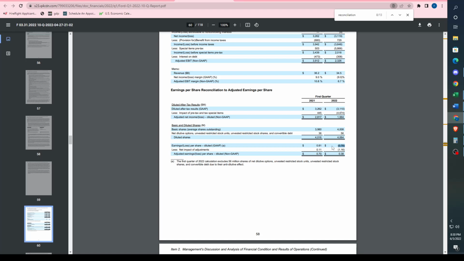Sometimes a lot of these expenses that are other income or losses, they're not directly related to a regular business cycle. So sometimes we want to take these out and make these adjustments. So now when we actually look at the adjustments here, we can see the same exact thing, less impact of pre-tax and tax special items, but it says less here, and then it shows parentheses.